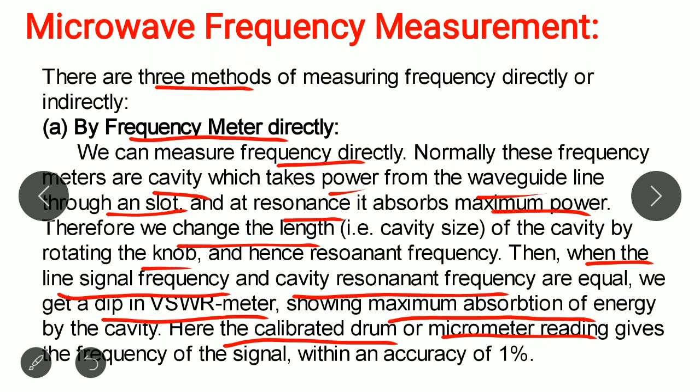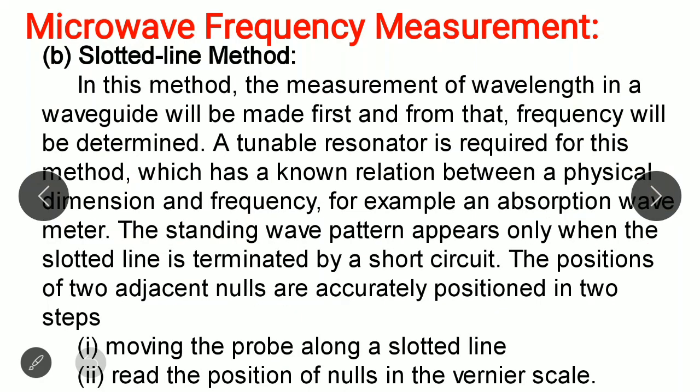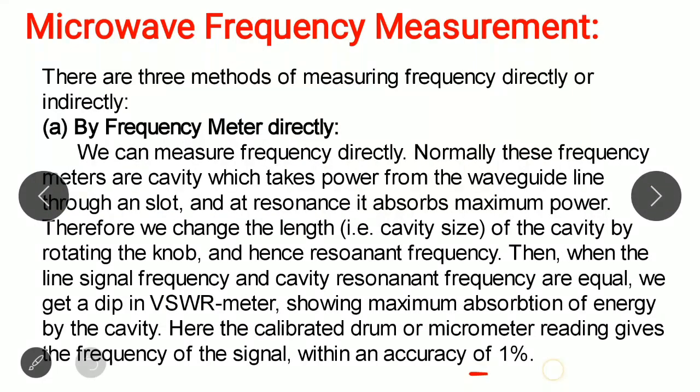The place at which we get a dip in a VSWR meter, that particular reading is nothing but the reading of a frequency meter, and this method will give plus minus 1% of error.